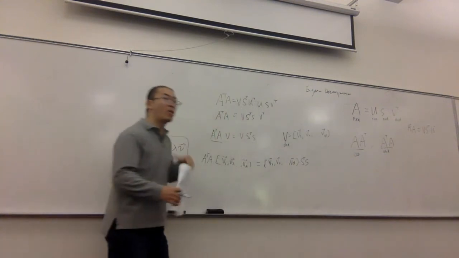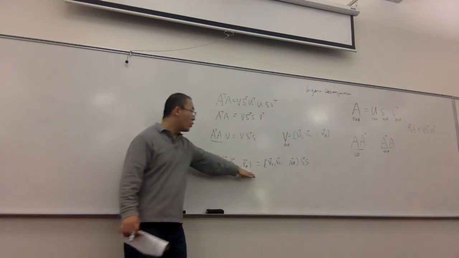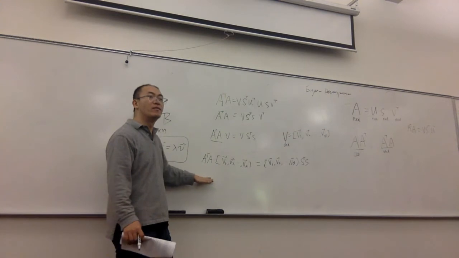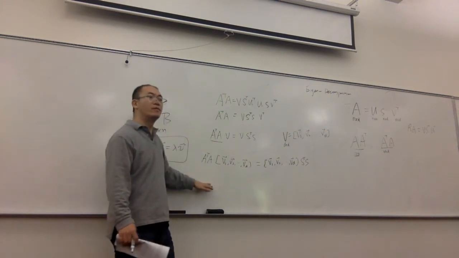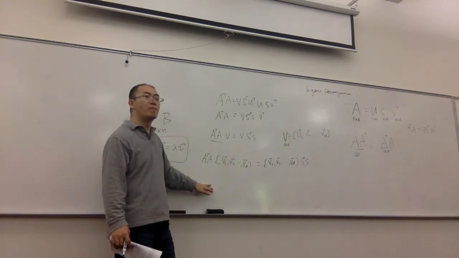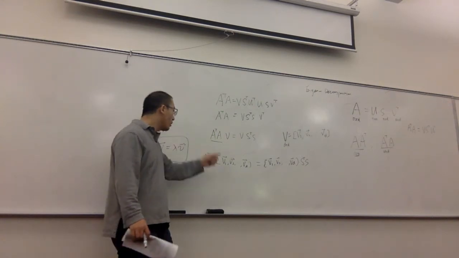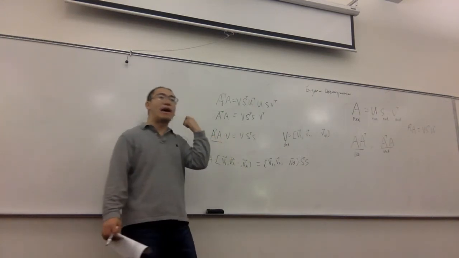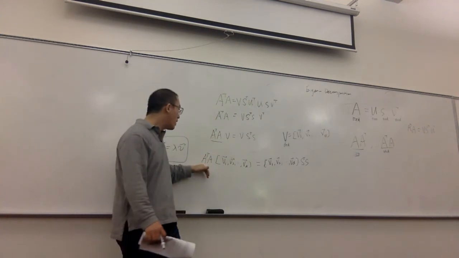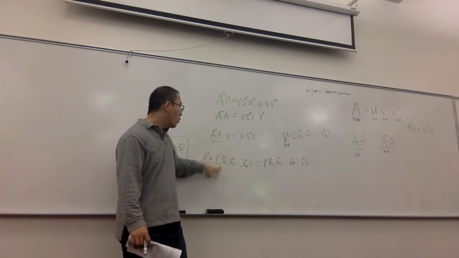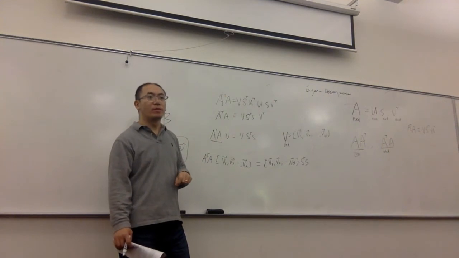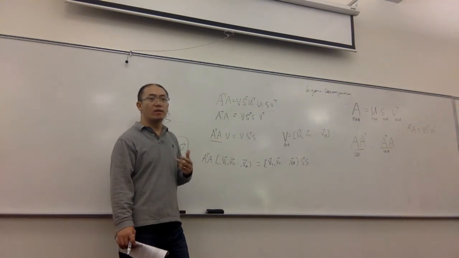Now, if we use block matrix multiplication, what's the result on the left-hand side? You can imagine each column is an element. So if we multiply A transpose A with each column, what will be the result?